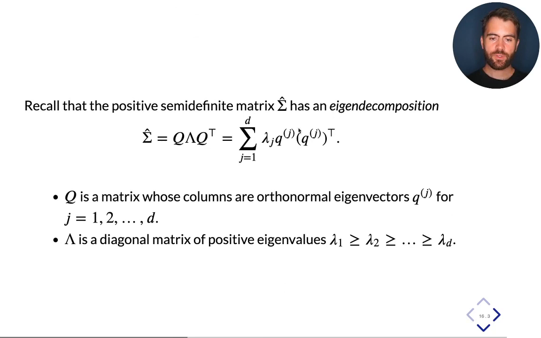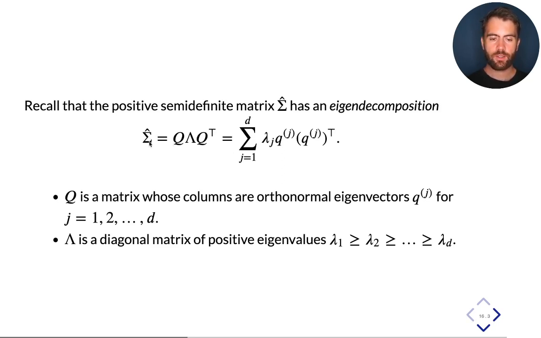Now, this matrix sigma is positive semi-definite. You can easily check this by applying the definition of a positive semi-definite matrix. And because of that, it has an eigen decomposition, which is a decomposition of this form.